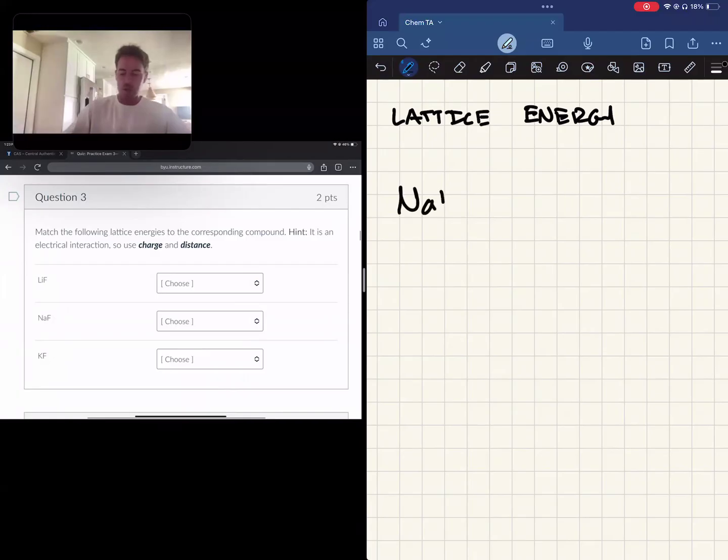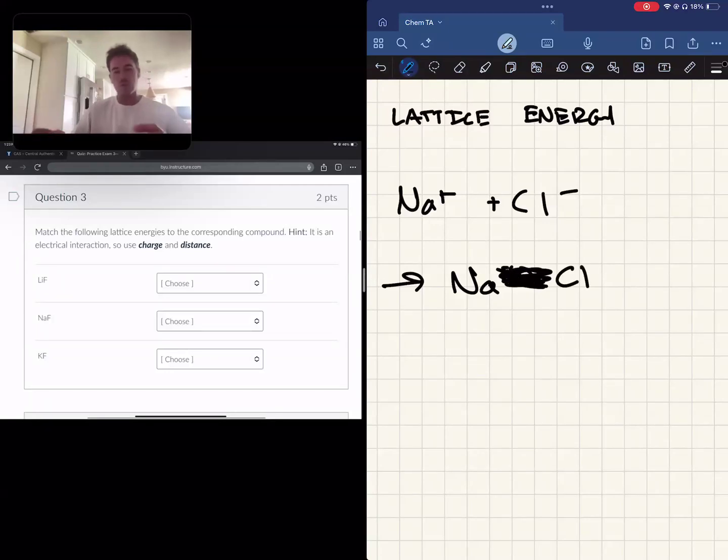So when sodium and chloride come together, they form a really, really strong bond called an ionic bond. Na, Cl, they're bonded to each other, a super strong ionic bond. The energy of this bond, how strong it is, is defined by our lattice energy.